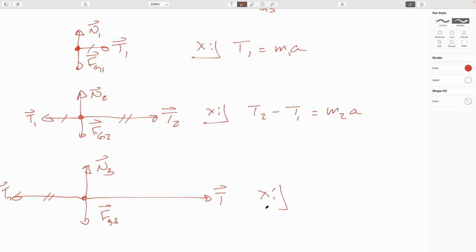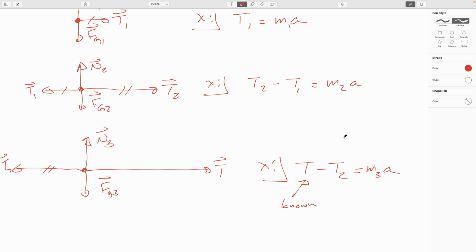Then I can go to the land of x and say T minus T2 equals M3A. And this T is known. So if I take a look at it, I now have three equations in three unknowns. My unknowns are T1 and T2 and A, and away I go.